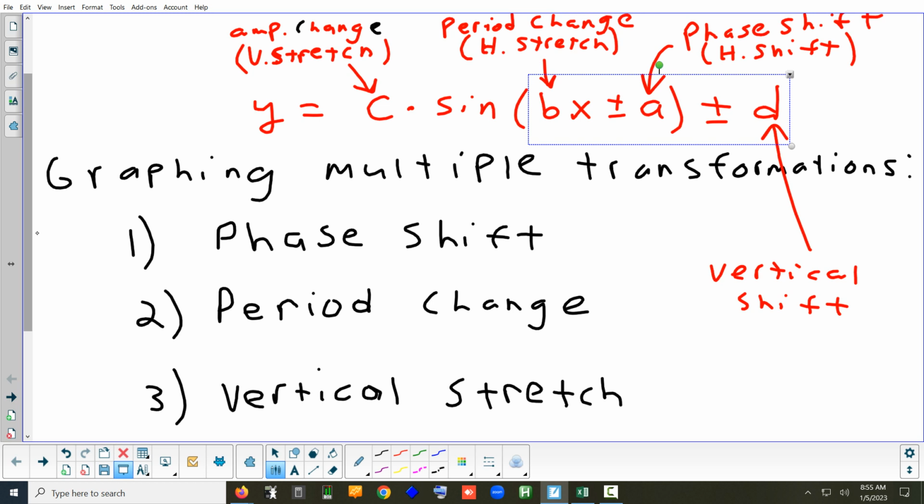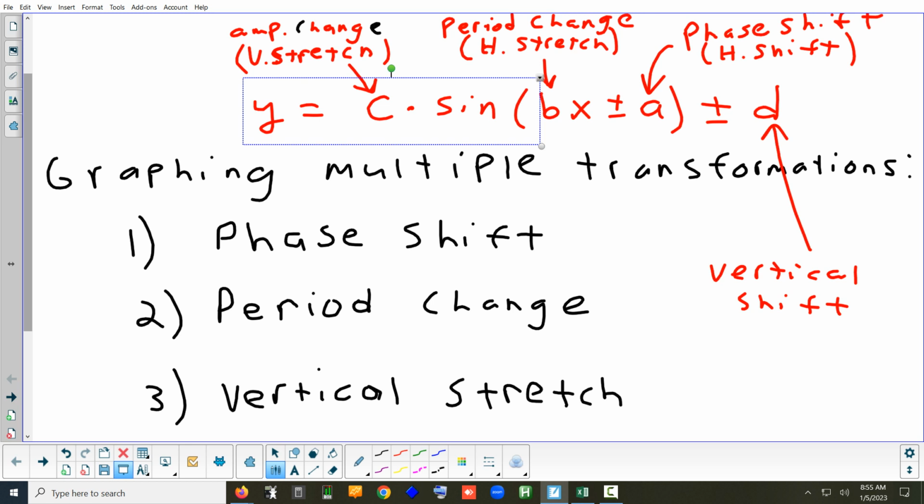So we talked about all those details when we did each individual transformation. What else? How about if C was a negative number? Well, we know it stretches or compresses, but if it's negative, it also flips it vertically.